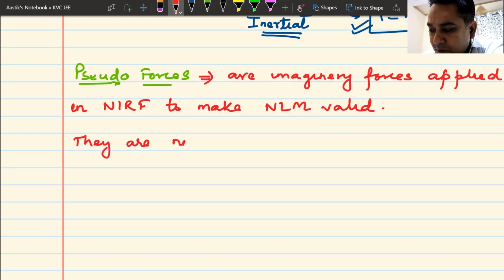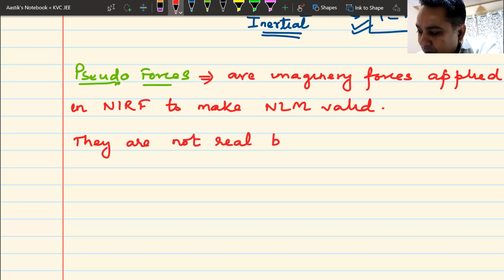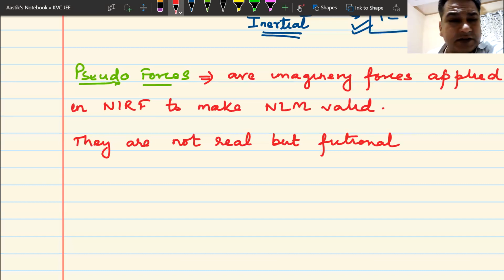They are not real but fictional forces, not frictional. Fictional means they do not exist. They're only in fiction, only in your imagination.